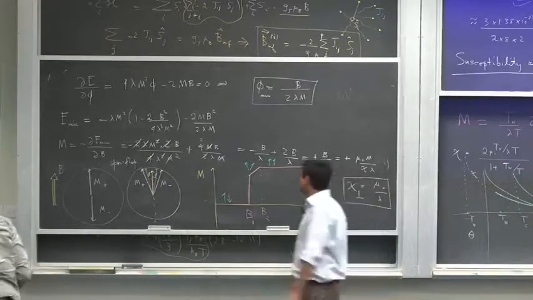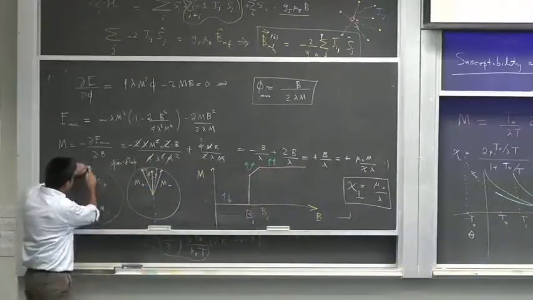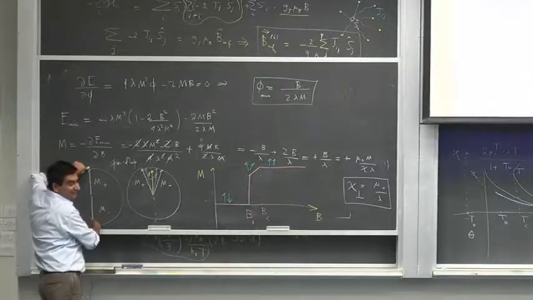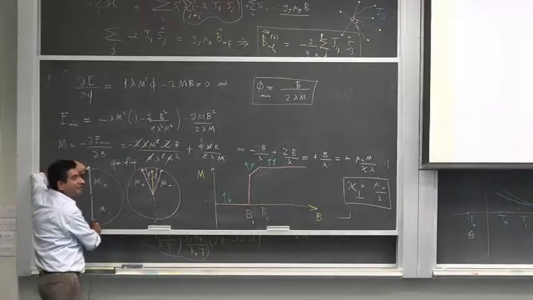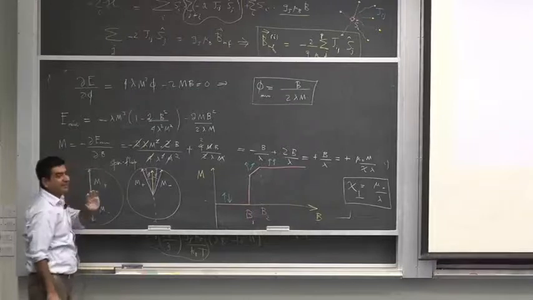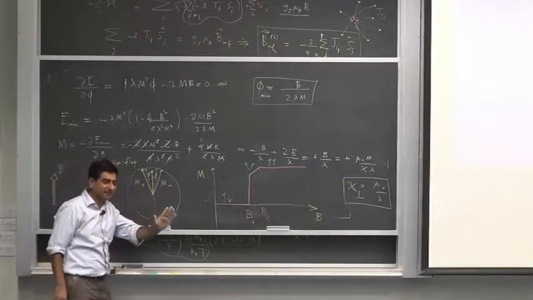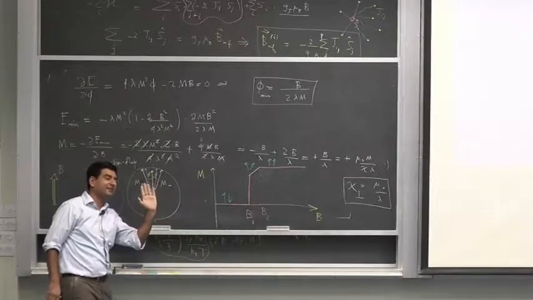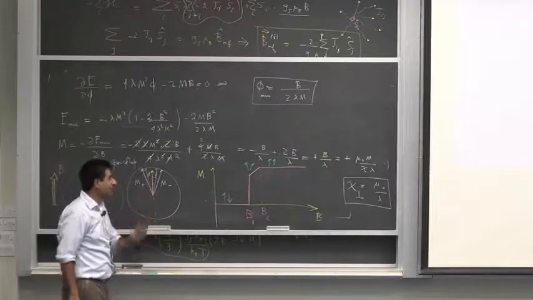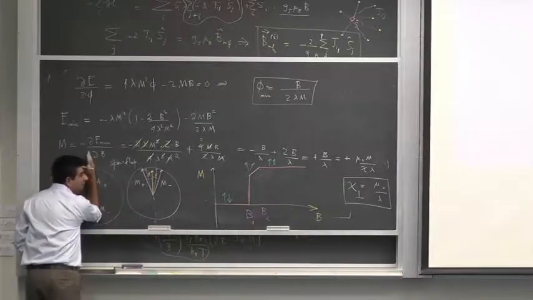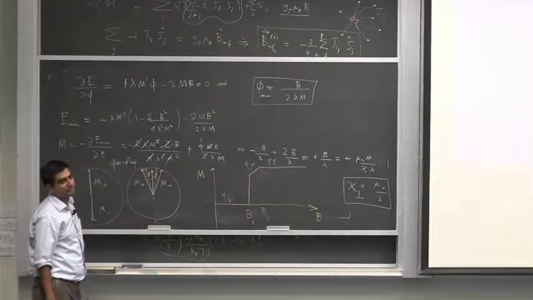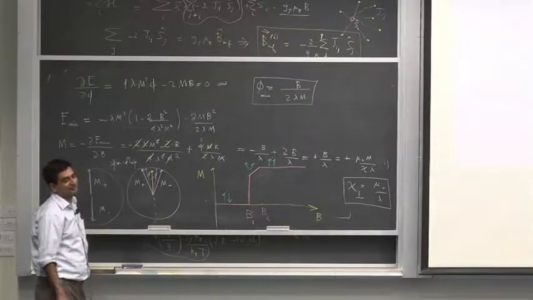You can also have another kind of transition, if the magnetization likes to remain pinned to this axis. Why? Because of magnetocrystalline anisotropy. We'll learn more about it. There might be certain axes inside the crystal, and the magnetization likes to remain pinned to that axis because that is energetically favorable. Okay? If the magnetization likes to remain pinned to this axis, it does not like to go into this canted orientation because that costs energy.